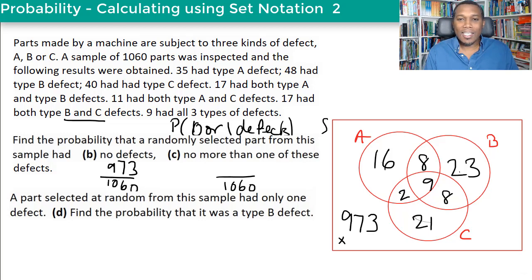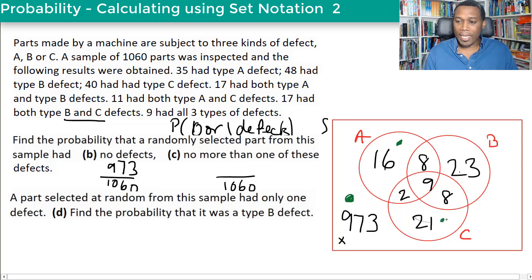Well, I'll just highlight none, 973, plus, so no defects, plus the 16, that's only defects in type A, defects in type C, or defects in type B only. A only, B only, C only. So 16, 23, and 21.